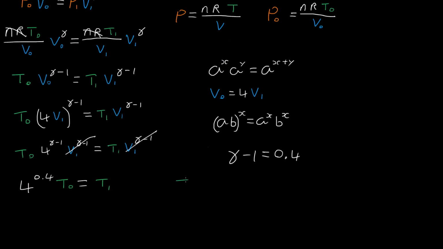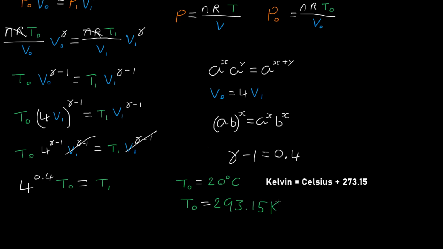So we have that T naught is equal to 20 degrees Celsius, but to convert that to Kelvin, we know that Kelvin is just Celsius plus 273.15 degrees. So converting that to Kelvin, we can just say T naught is equal to 293.15 Kelvin.